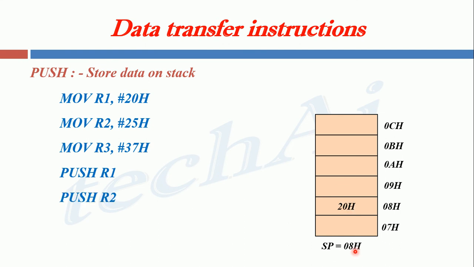If we execute the next push instruction, push R2, again stack pointer will be incremented by 1 and value of R2 is stored on an address location pointed by the stack pointer. Push R3, increment the stack pointer and store the value of R3 onto the stack memory. In this way, every time we call the push operation, the stack pointer will point to the next memory location and the contents of register get stored at the location pointed by the stack pointer.